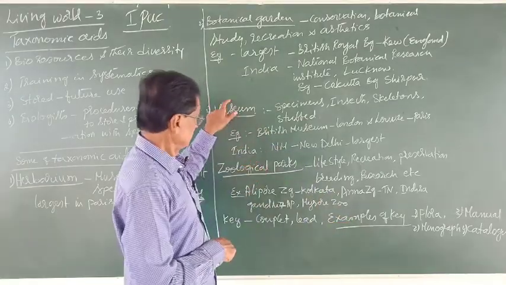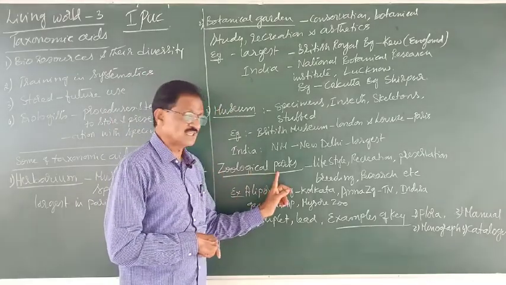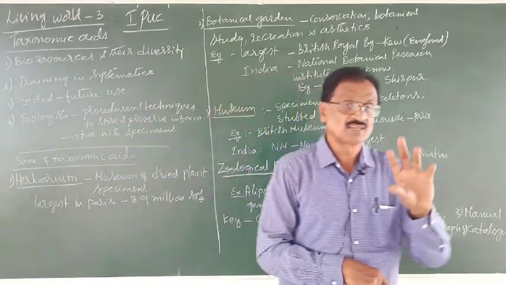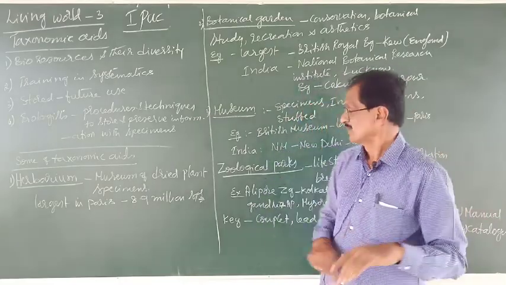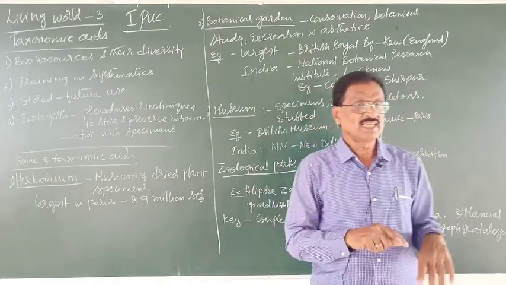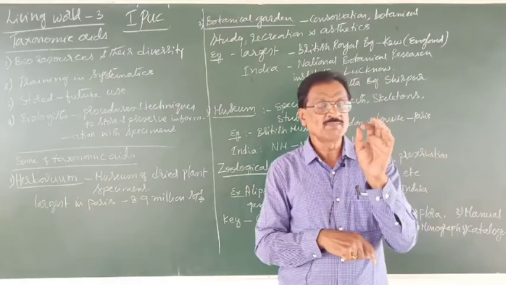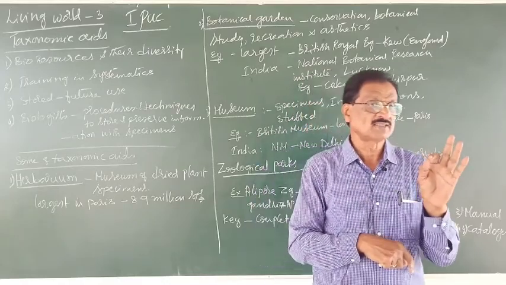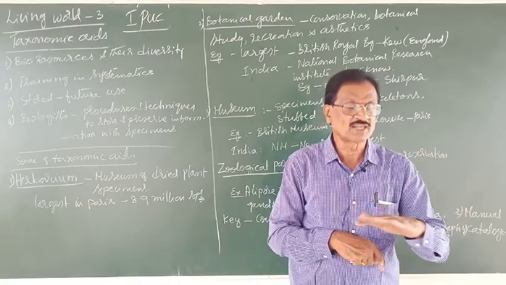That is about museum. Then zoological parks or zoological gardens, or simply we can say zoo. What is zoological park? It is a controlled area wherein the animal species are conserved or preserved under controlled conditions.